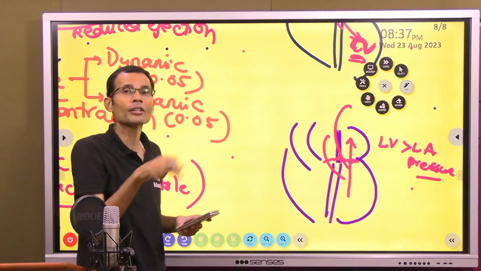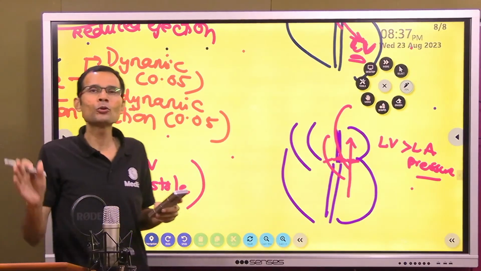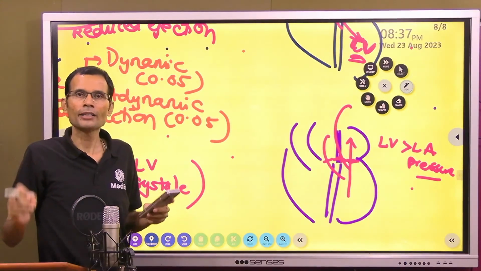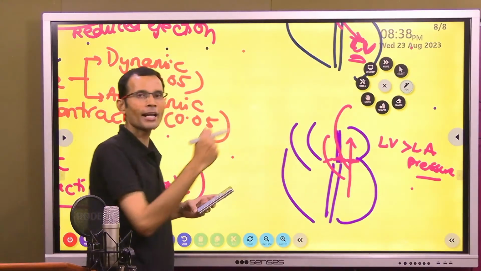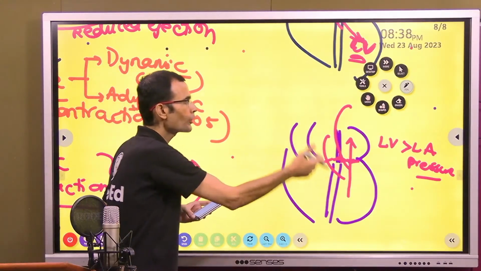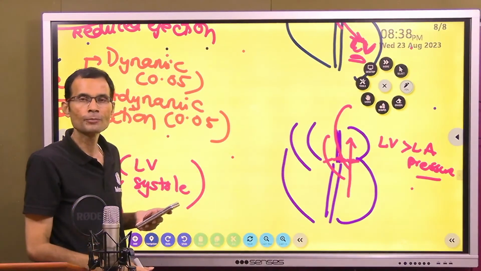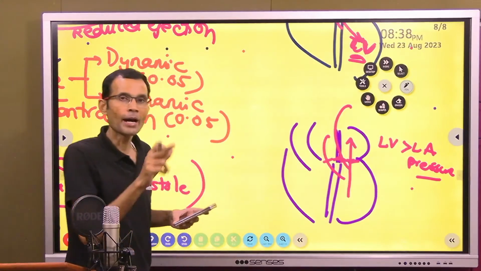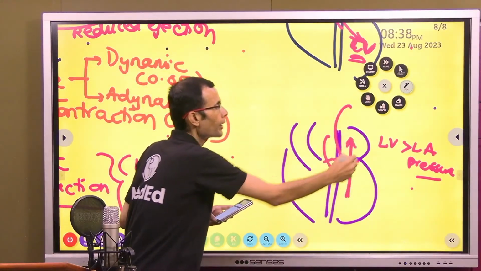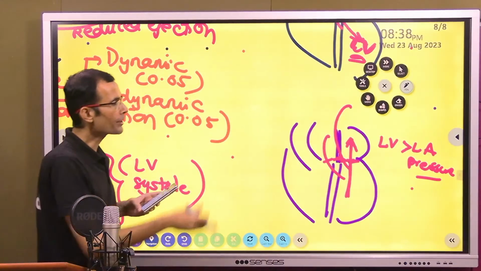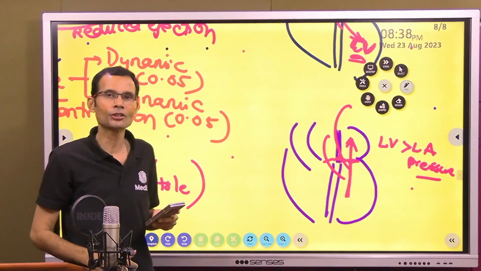Why? Because blood knows only one thing, to flow from high to low pressure. So the blood will go back into the left atrium. That is mitral regurgitation.